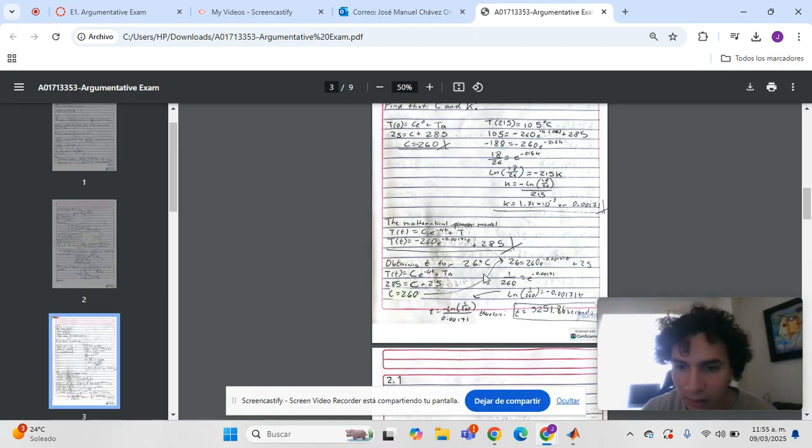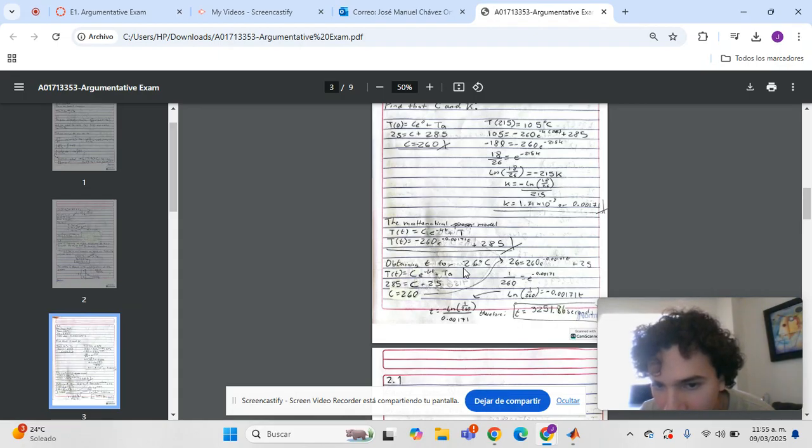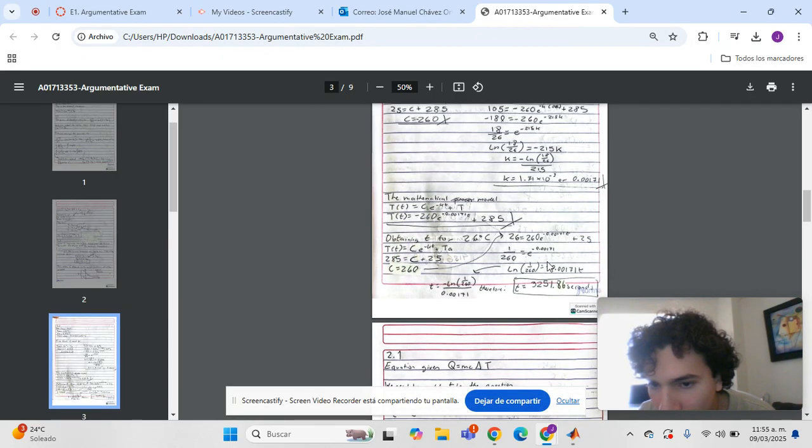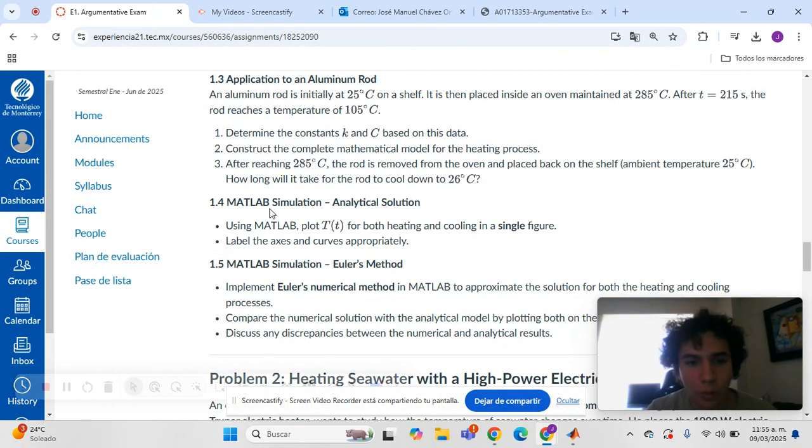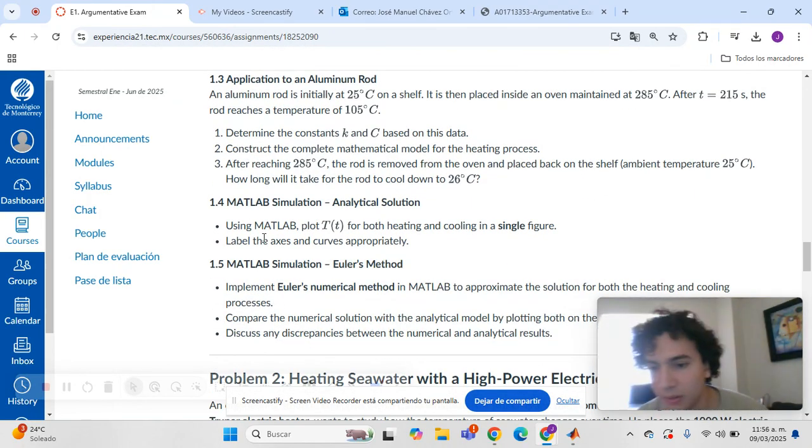Now obtaining the time for the given value, which is 26 Celsius, we substitute the values we just got for c and k in the same formula, along with the new temperature values. We get that time equals 3,251.86 seconds.